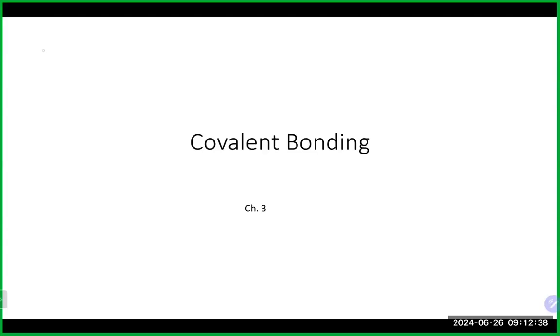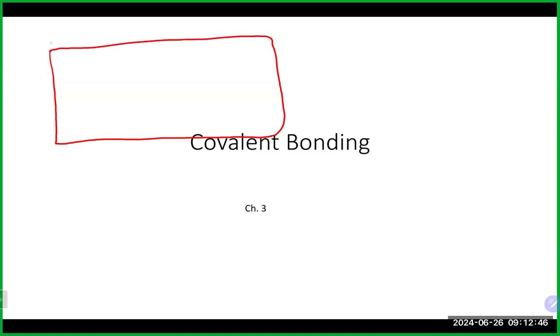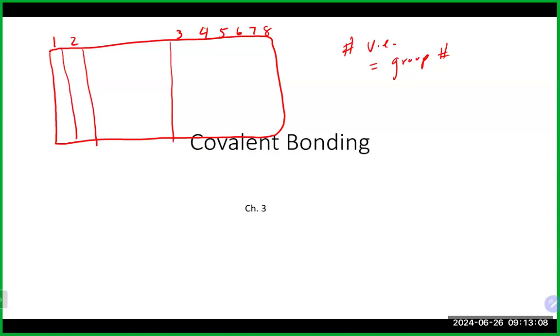Before we get into bonding, just to reiterate, it will probably be helpful here. Again, our number of valence electrons equals the group number, really the representative numbering here. So everybody in group 1 will have 1 valence electron, then 2, 3, 4, 5, 6, 7, and 8.